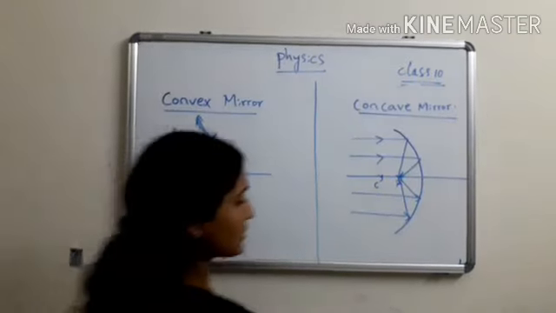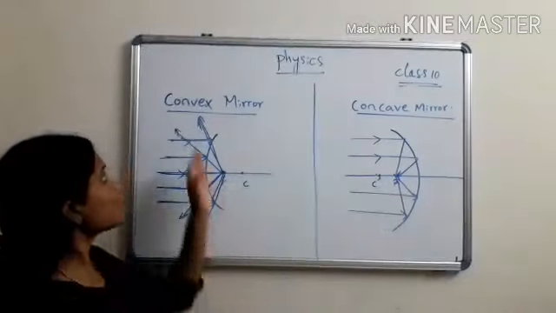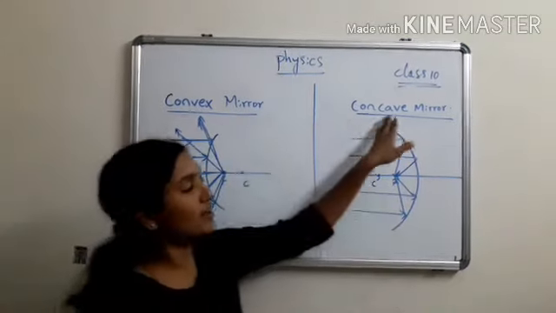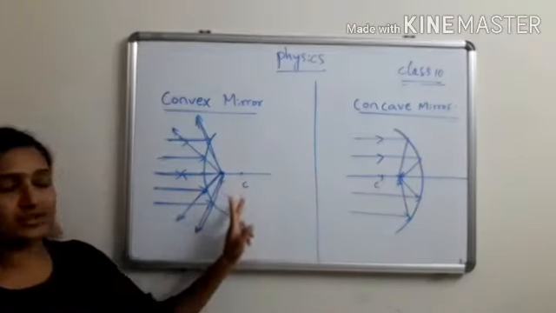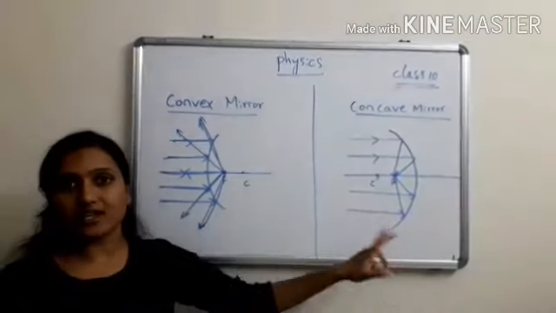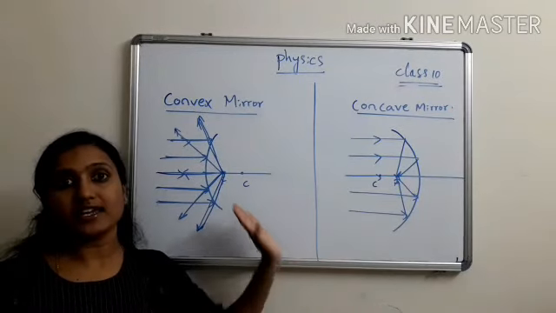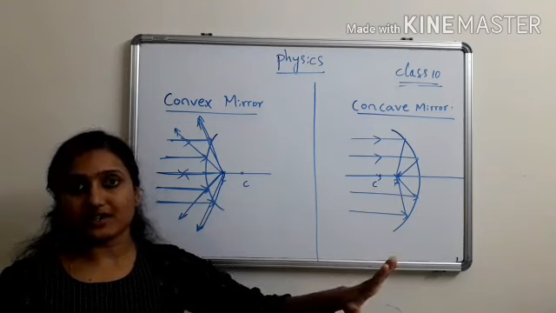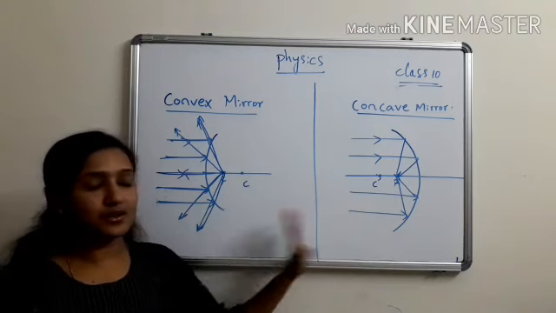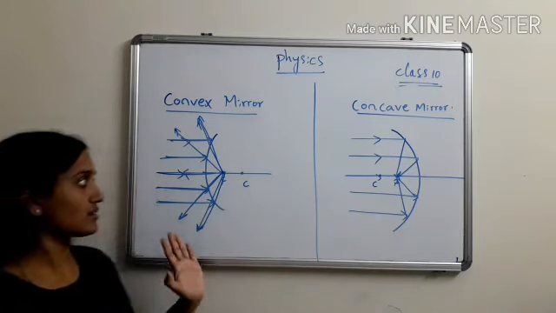Let's look at how the reflection happens on the convex mirror and concave mirror. Observe both diagrams. If possible, make a note of these two diagrams when entering reflection. This is the introduction part, how it will occur.